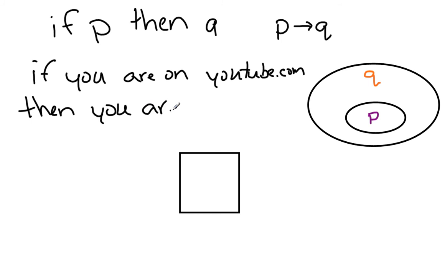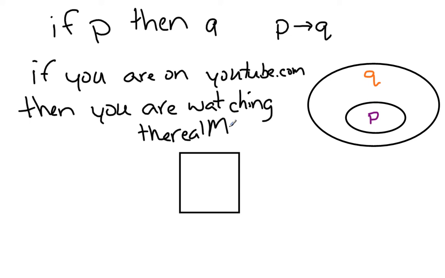Of course we are watching the real Mr. Ellis. So what is our hypothesis here? Our hypothesis is that we're on YouTube. That's our if. That's our P. That's our very specific thing we're trying to prove.